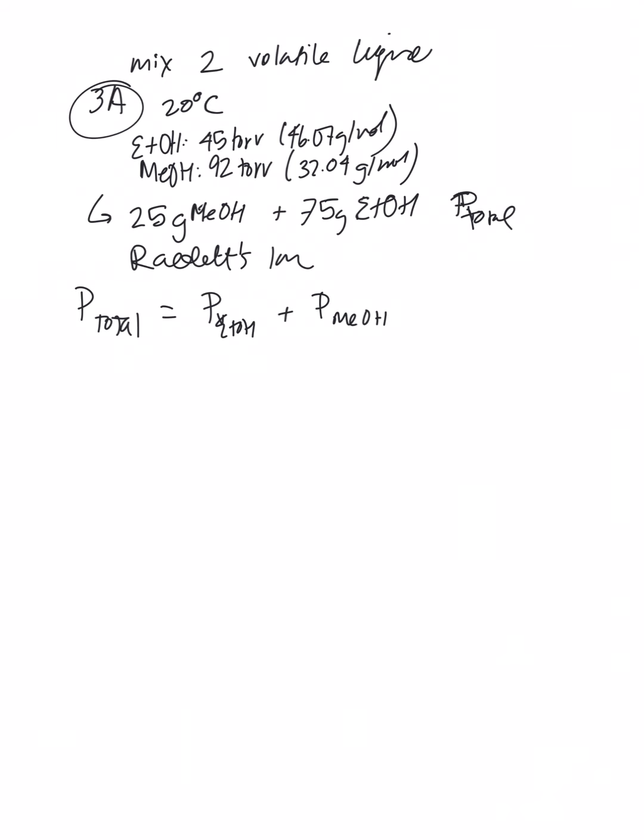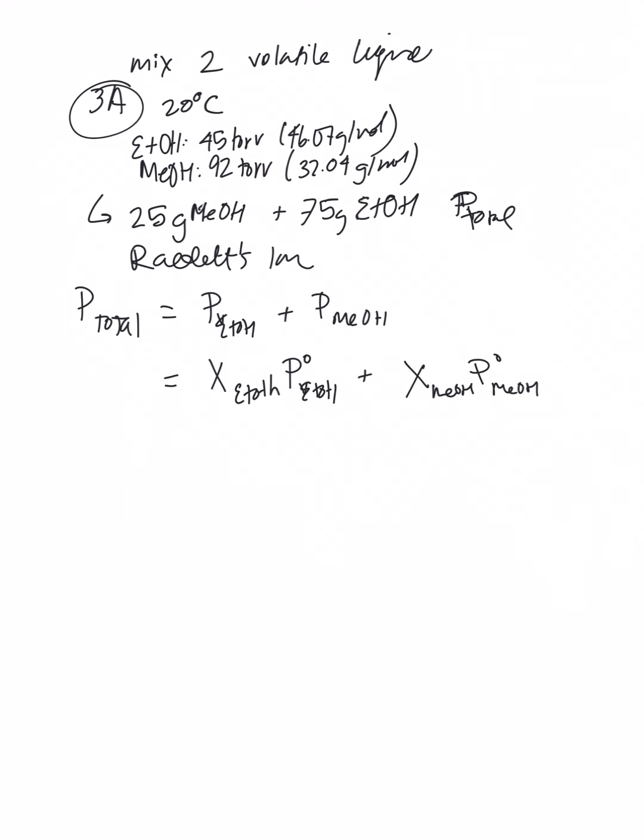Now, we don't have pure ethanol, we don't have pure methanol, so we have to account for their effects on each other. So that is equal to the mole fraction of ethanol times the vapor pressure of pure ethanol plus the mole fraction of methanol times the vapor pressure of pure methanol.